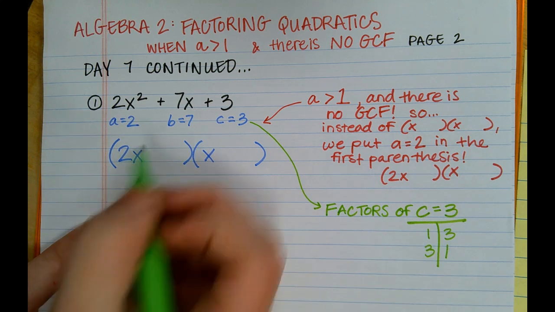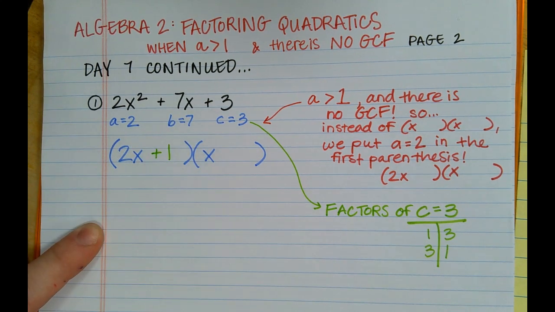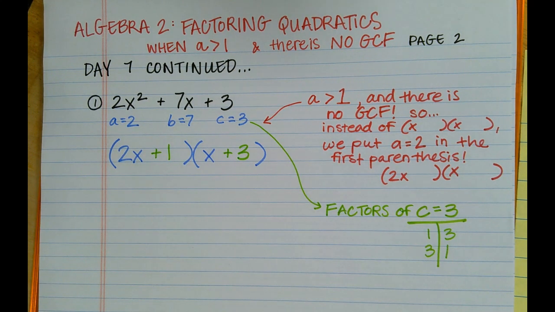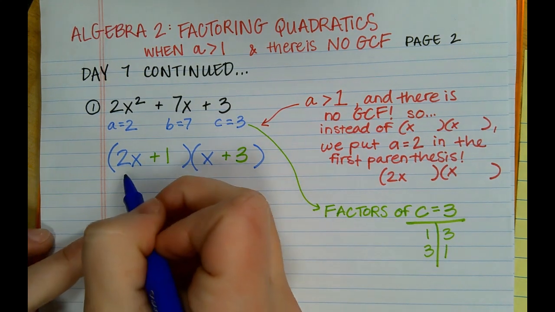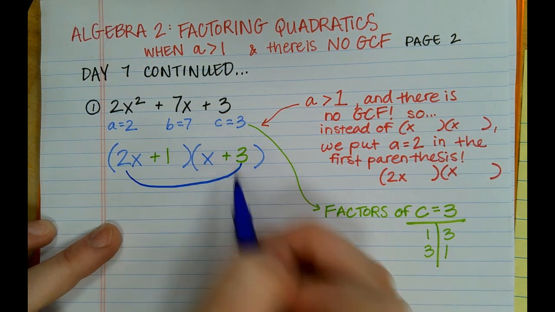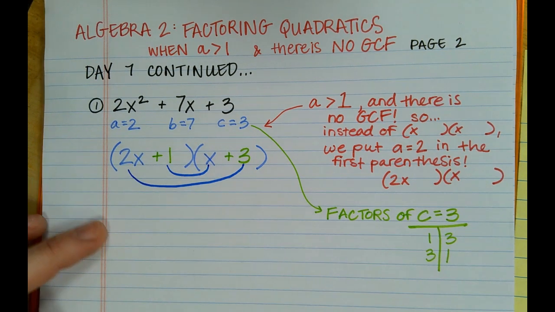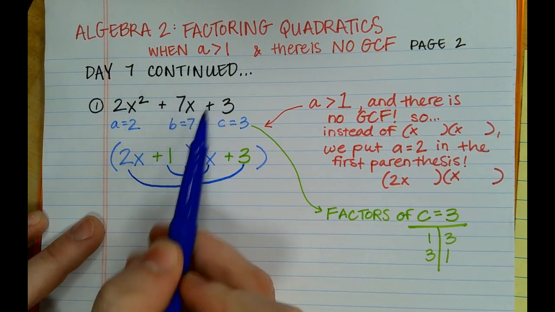So let's start with plus 1 and plus 3. Let's find it. And here is where we'll do the rainbow. My outside terms I multiply. My inside terms I multiply. And I want it to be 7x.